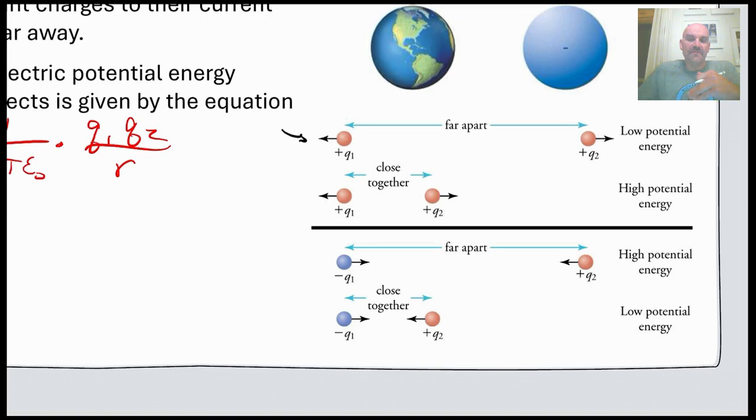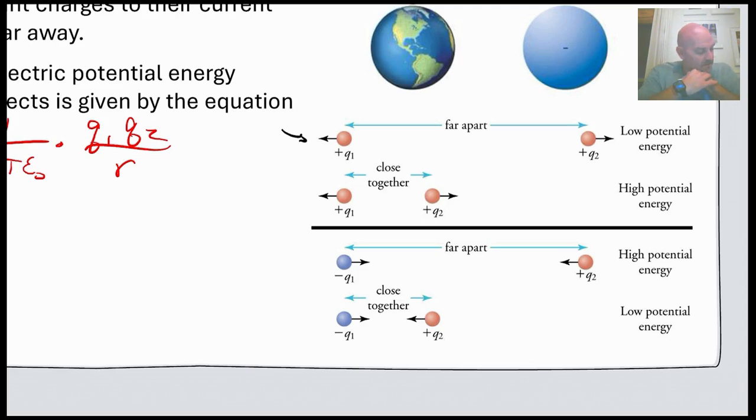The negative charge wants to go to the positive charge, so if you pull them apart, you end up with high potential energy. Sorry, I got that backwards. If they do what they want to do, then you have low potential energy.